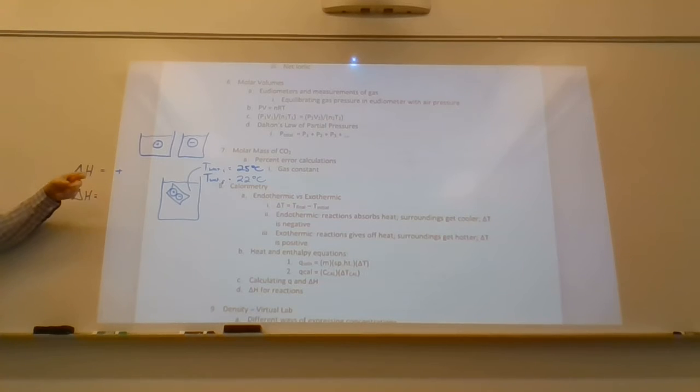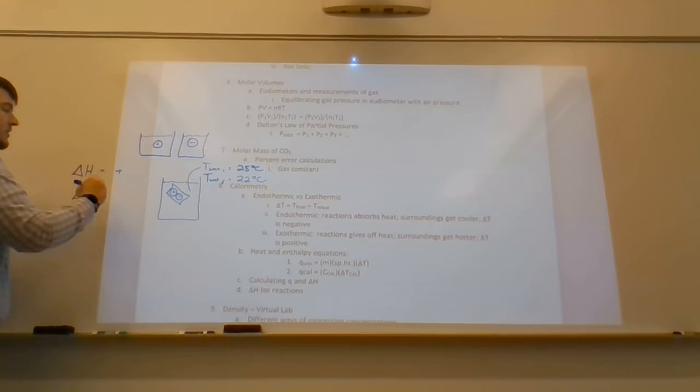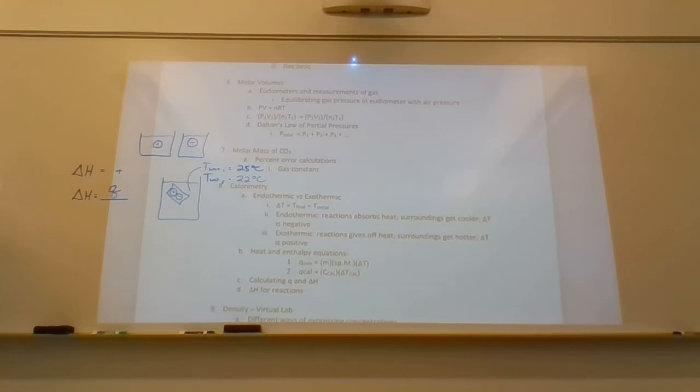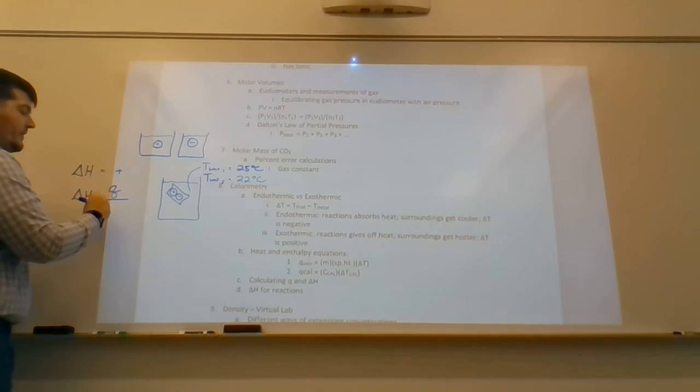What is the variable that we use for heat? Q. It's not delta H. So what is delta H then? Delta H is equal to Q over the number of moles.